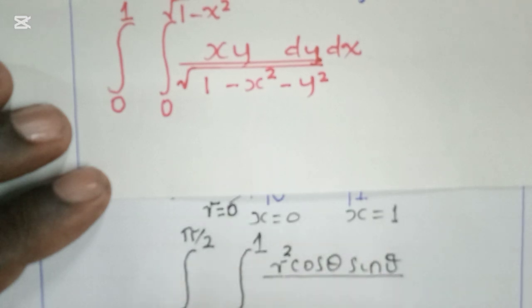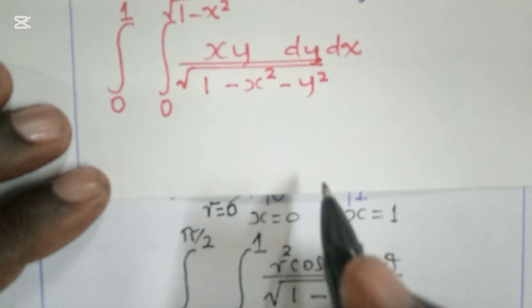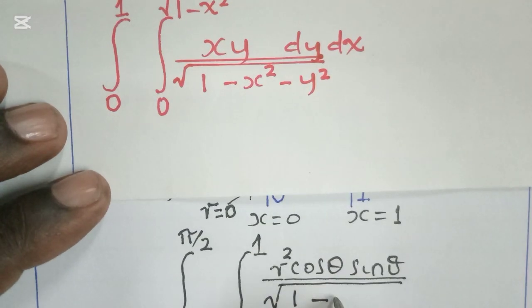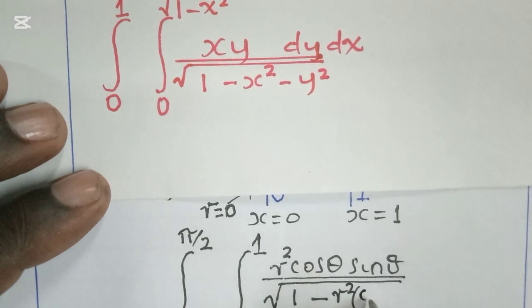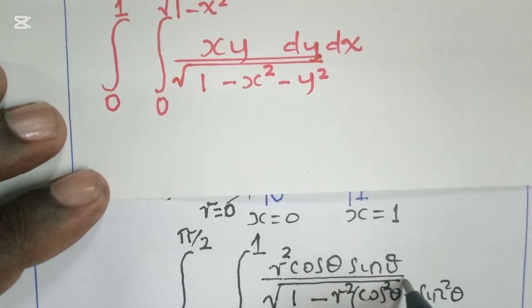Then over here we are going to have 1 minus r squared, times cos squared theta plus sin squared theta.